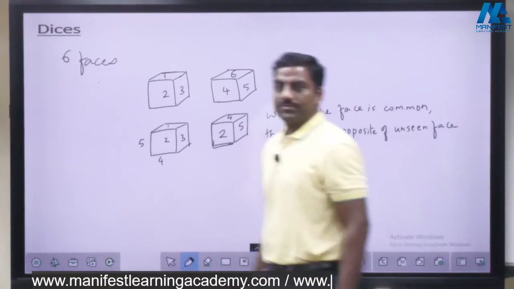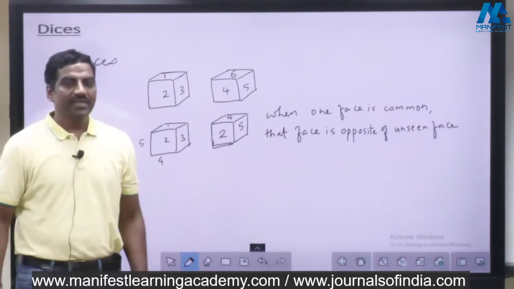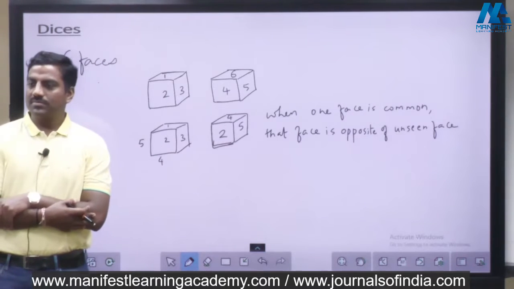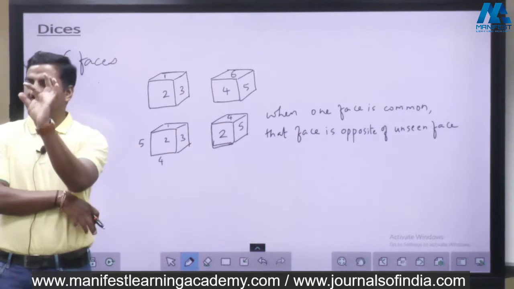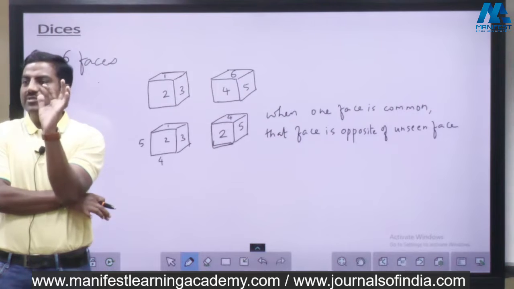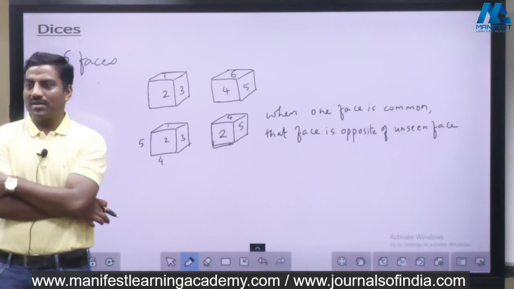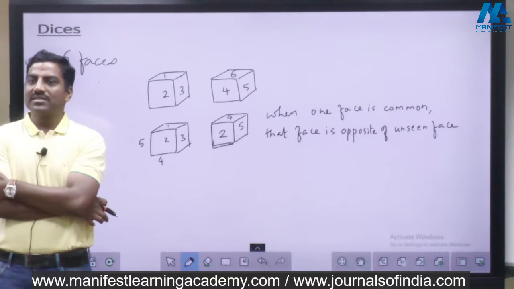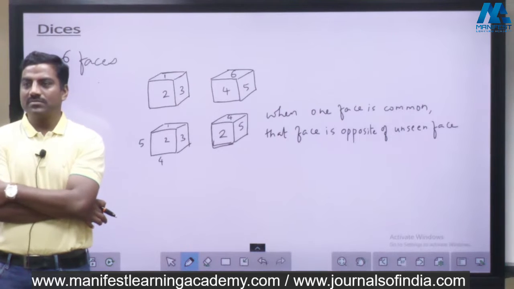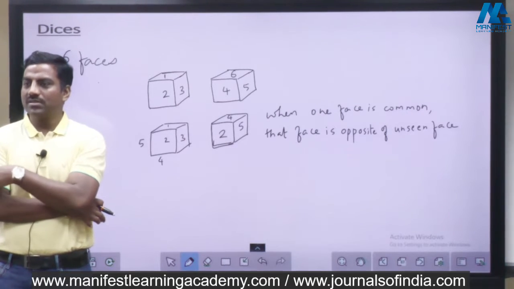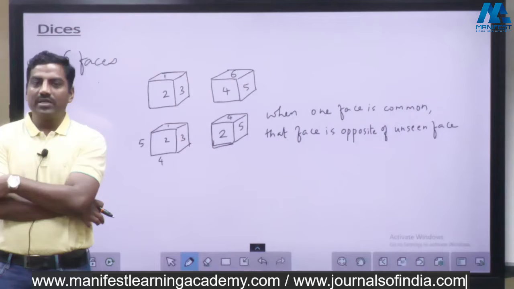Does it make sense? When one face is common, keep that. Recognize which face is not there. So that is opposite of that. Simple. Did you know this? No book will teach you this.